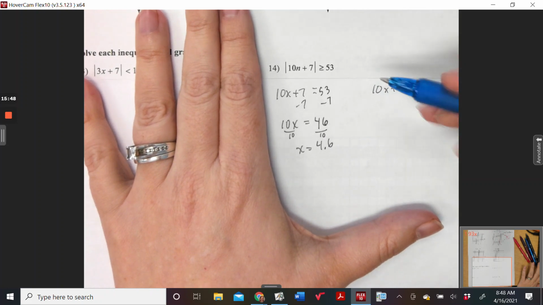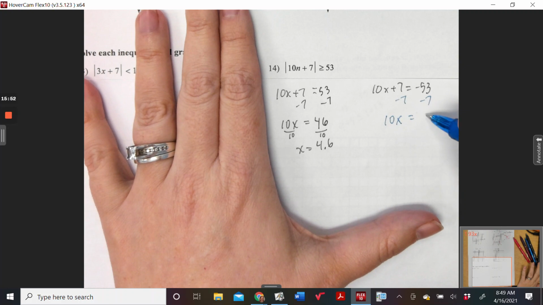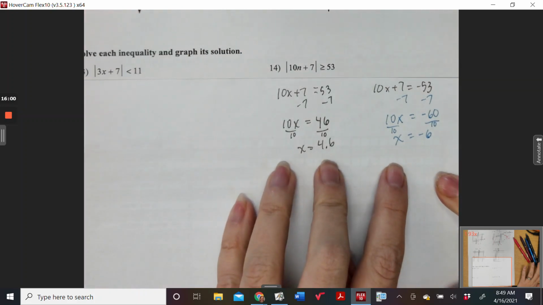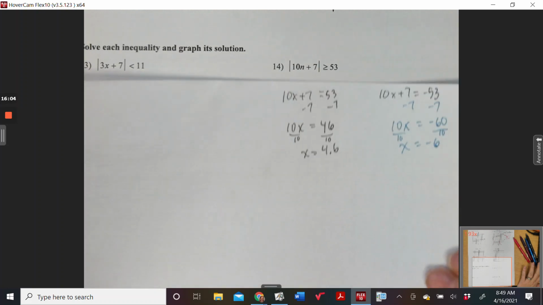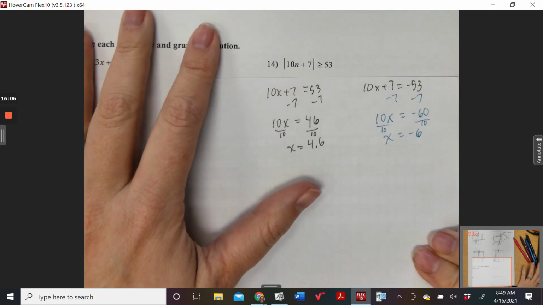Solve the other one. Subtract 7 from both sides. 10x equals negative 60, divided by 10, and x equals negative 6. And so those are my boundaries, just like before.